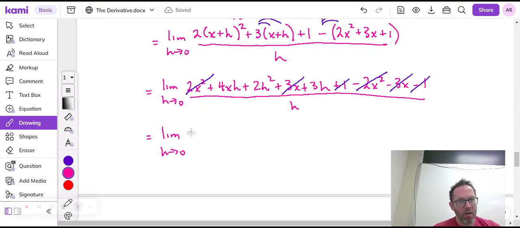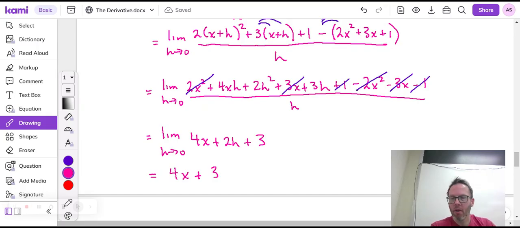Everything has an h in it. You can divide them out. You're left with 4x plus 2h plus 3. And there's nothing wrong with plugging in h equals 0 into that. We would just be left with 4x plus 3. We have found the derivative of 2x squared plus 3x plus 1.